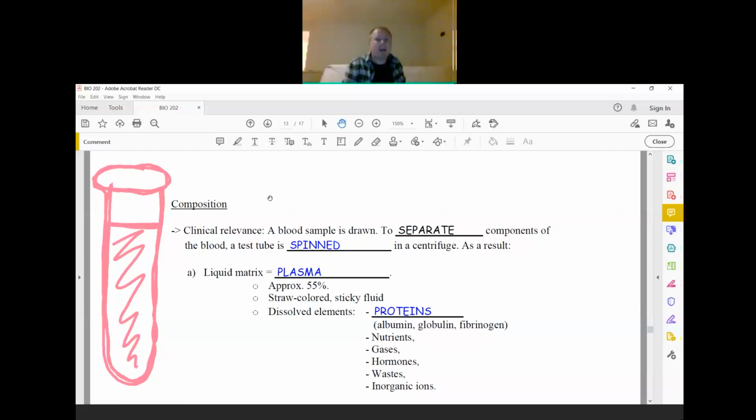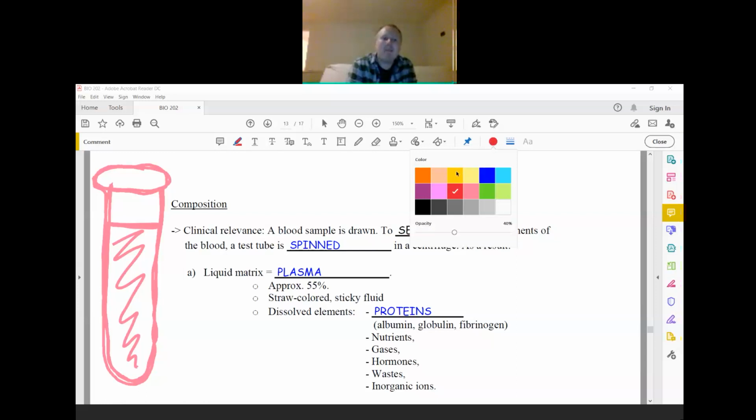So we're able to separate different elements of the blood by this method. So that gives us a good clue of what and how many and how much we should find from the blood. So let's start with the most common element of the blood. I think that that's always a good way to start. What do we find most?